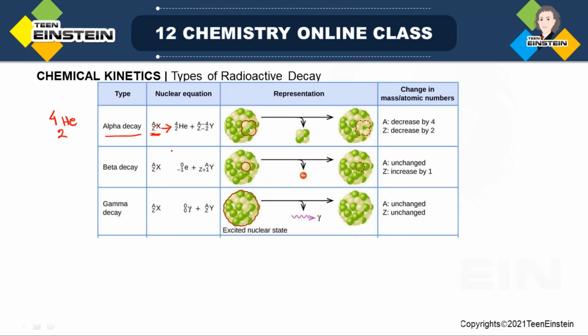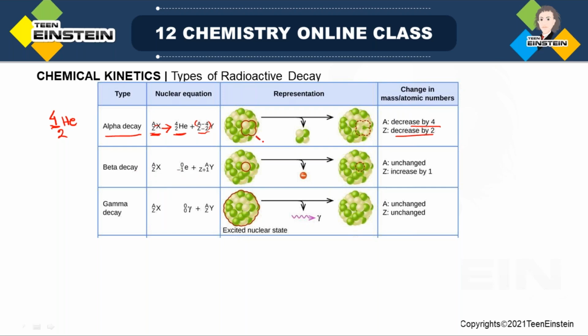Now when the helium particle is removed, the mass is reduced from A to A minus 4, because the helium particle is removed, and the atomic number decreases by 2. So A is decreased by 4, Z is decreased by 2. Okay.